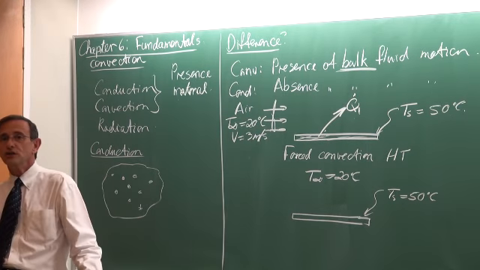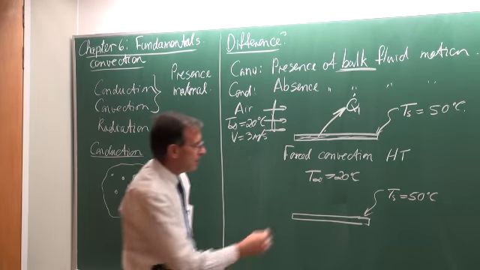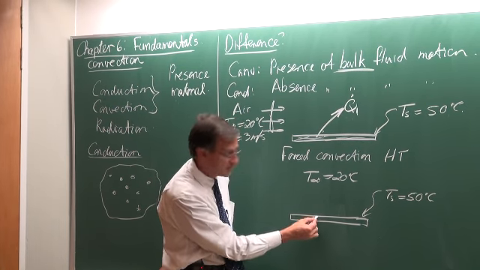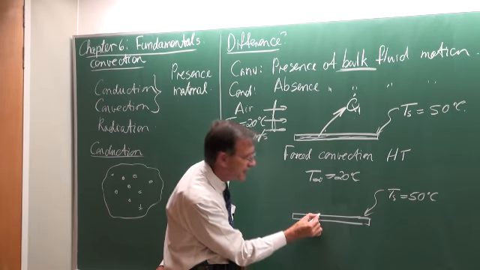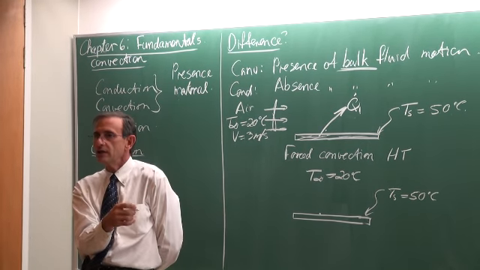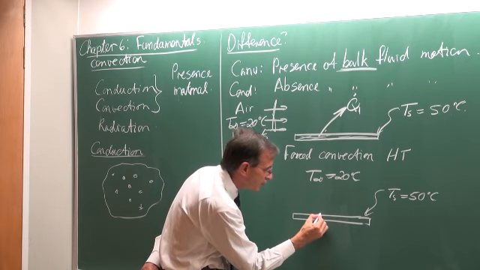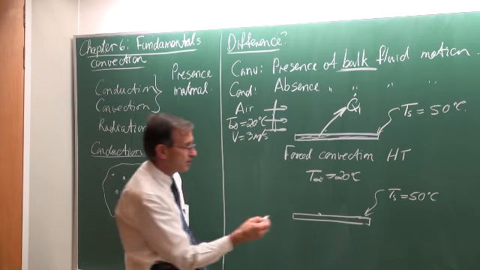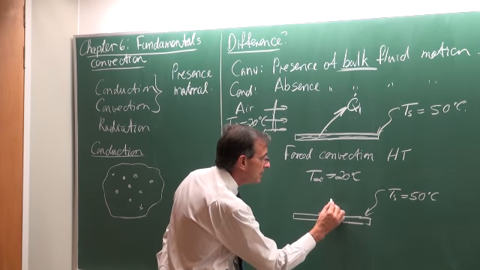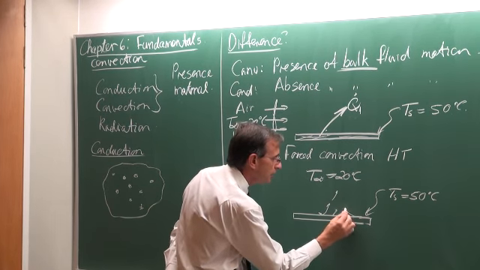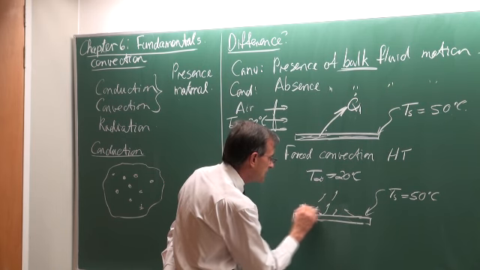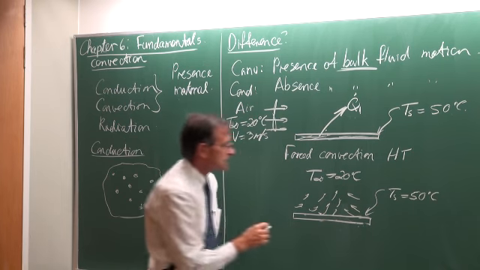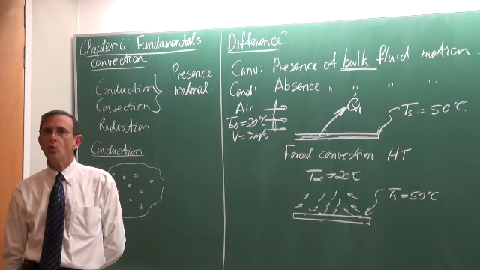Its velocity is going to be 0, but because this hot plate of 50 degrees Celsius is going to heat the molecules in that region, its density is going to decrease, and the result is that the buoyancy force is going to move it up. So we will start creating very, very low velocities very, very close to the wall.